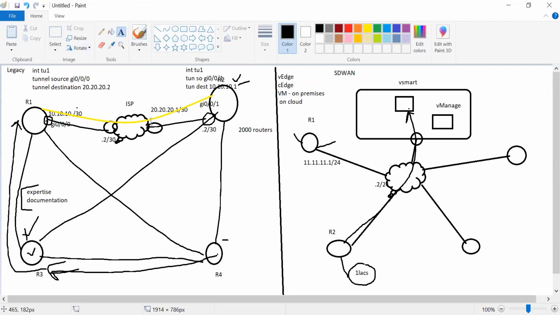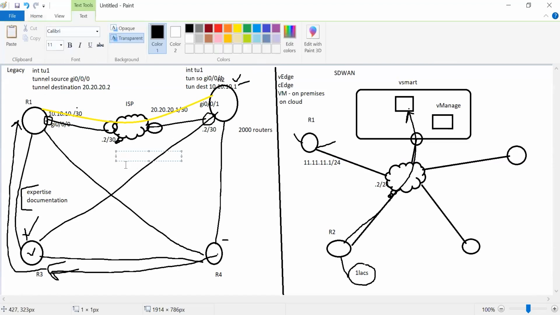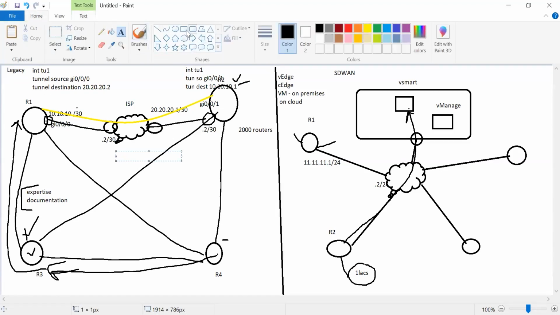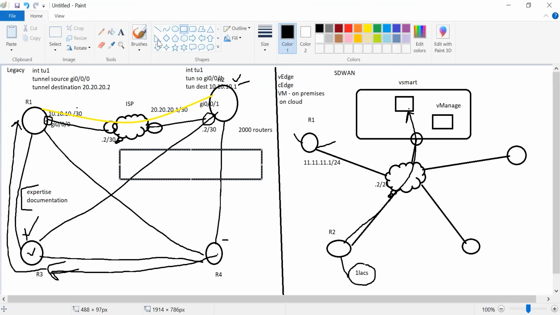Once this tunnel is up, if we talk about the IP header of the packets which travel on underlay from gigabit 0/0/0 on R1 to gigabit 0/0/1 on R2, what would be the source and the destination? Can you tell me what source and destination you expect in the IP header?